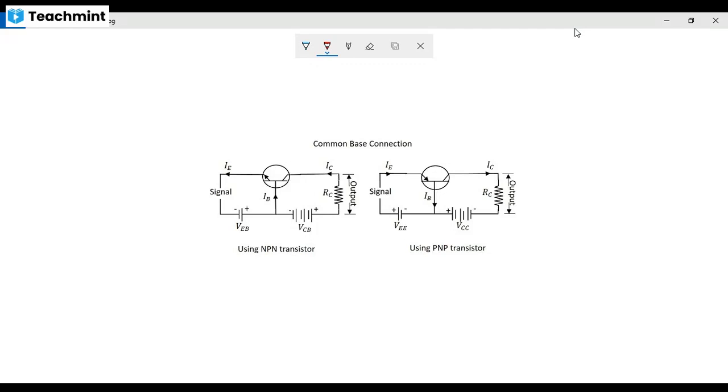Whereas in the output, that is the collector, it is reverse bias, that means positive is connected. Clear? For the PNP transistor, you see the reverse case. This is very important.